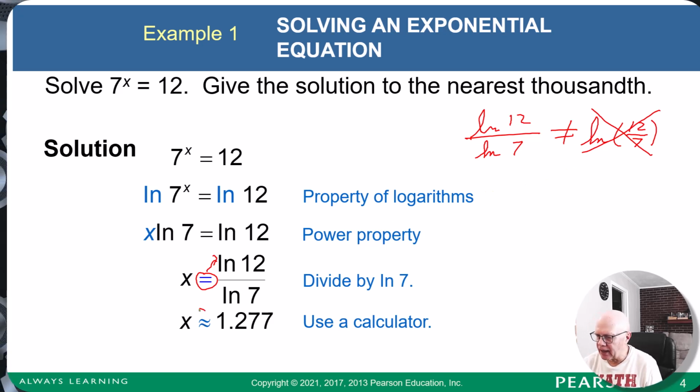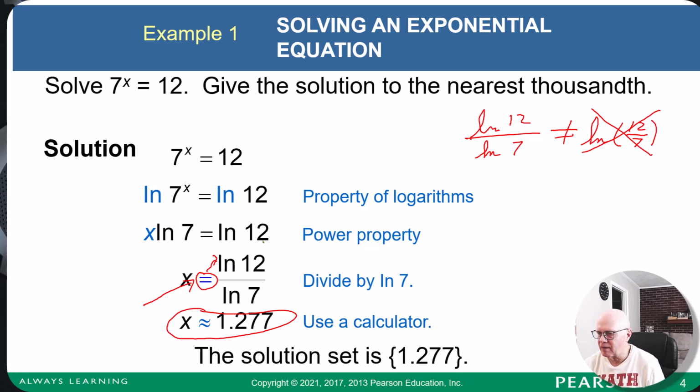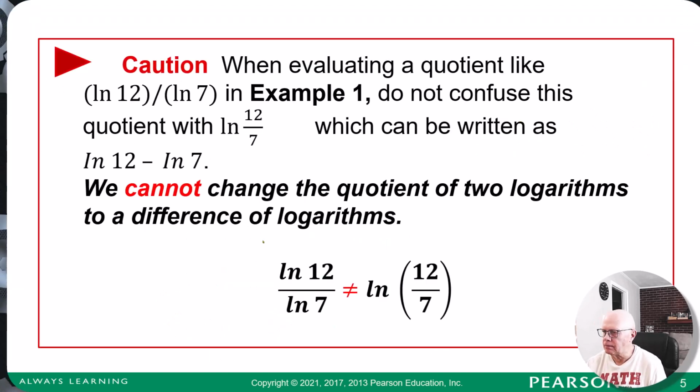And here we get the answer. I hope you tried it yourself. Also, you need some practice making these fractions that have natural logarithms on the top and on the bottom, or some combination thereof. So there's our solution set. And there's the comment that I just made. Those two are not the same.